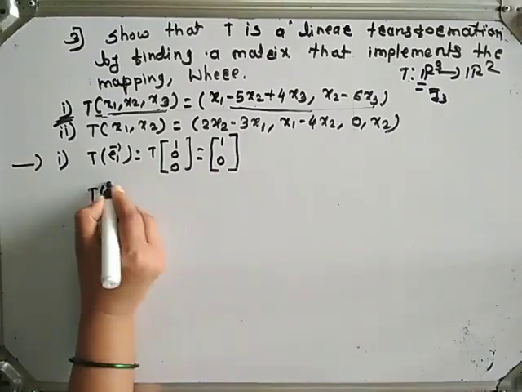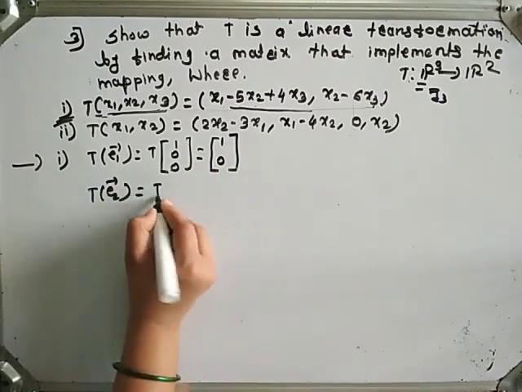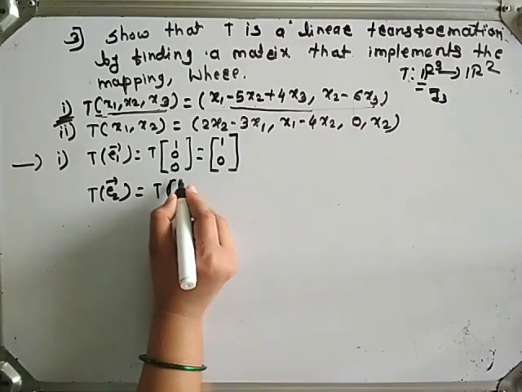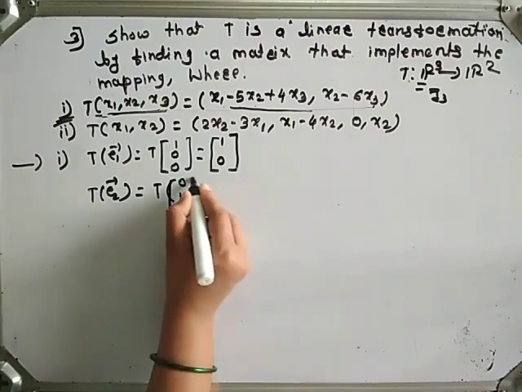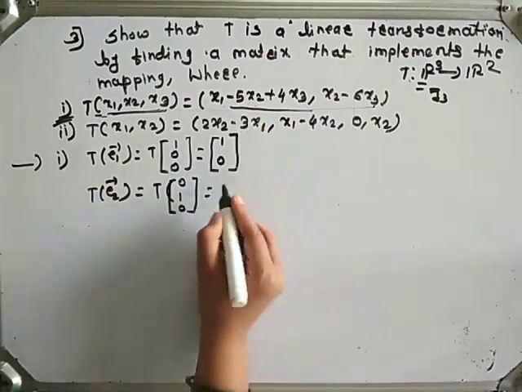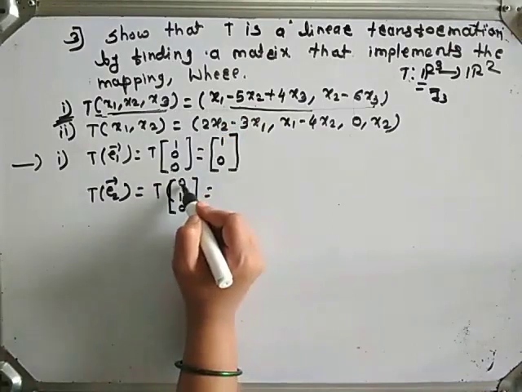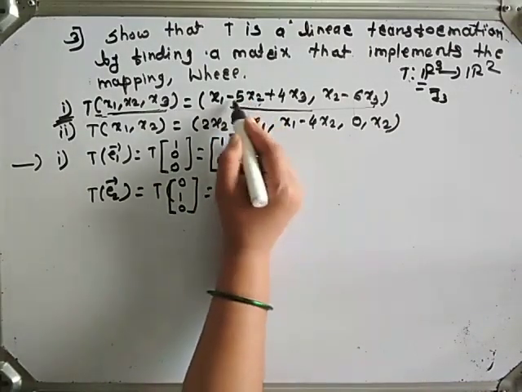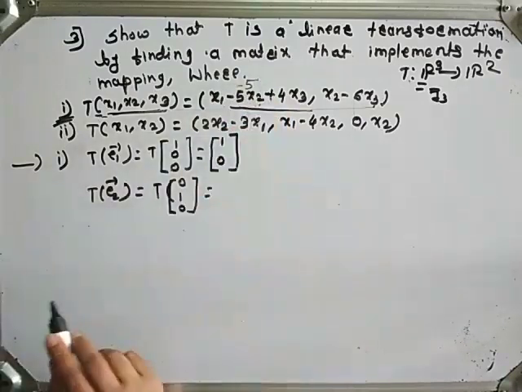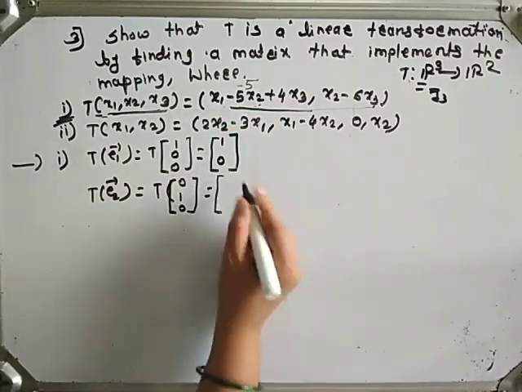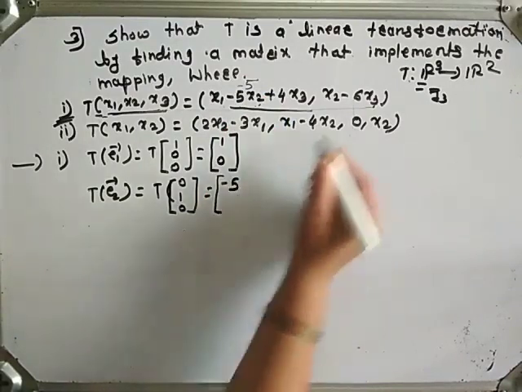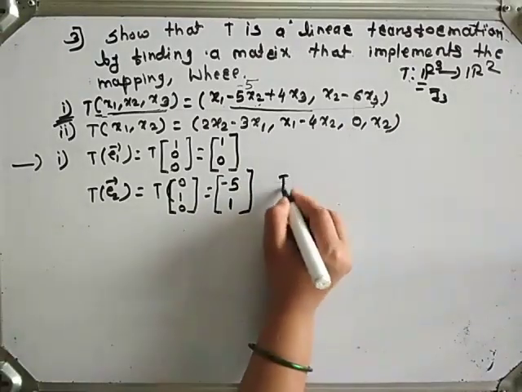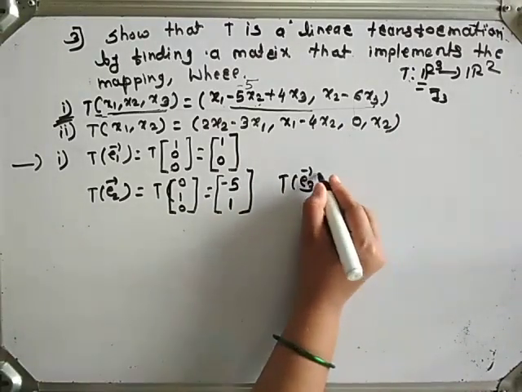Similarly, calculate T of E2 bar, T of E3 bar. T of E2 bar is equals to T of 0 1 0, which is equals to, here x1 is 0 minus 5 into 1. So here remains only minus 5. So you will get minus 5, 1. Okay.